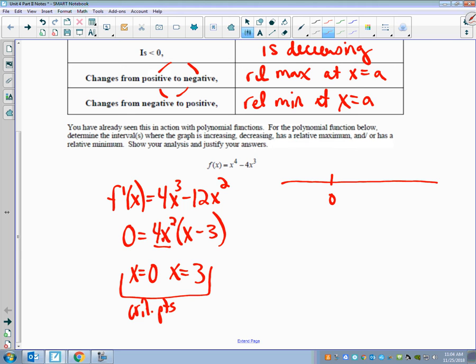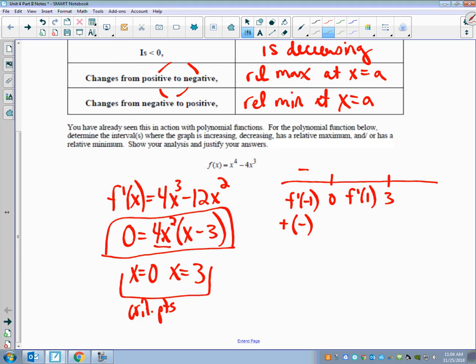So that's where I make my little number line. And I check to see what's happening to the derivative, which is here, not to the original function. So I plug in a number to the derivative less than 0. So if I plugged in negative 1 there, 4 times whatever, negative 1 squared is going to be a positive, and then negative 1 minus 3 is going to be a negative, and so that's going to be a negative number, which means my function is decreasing.